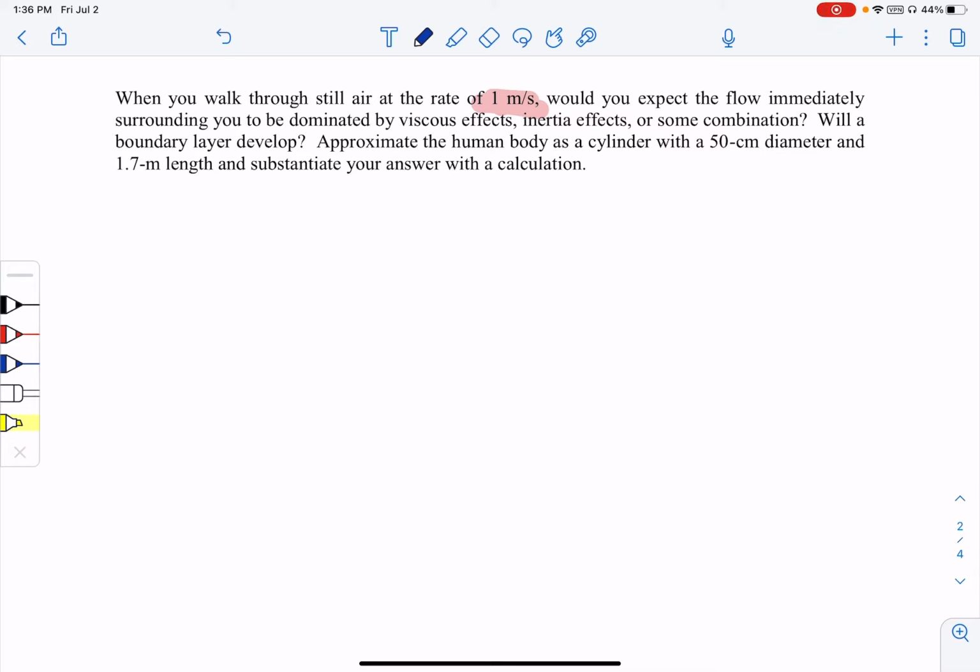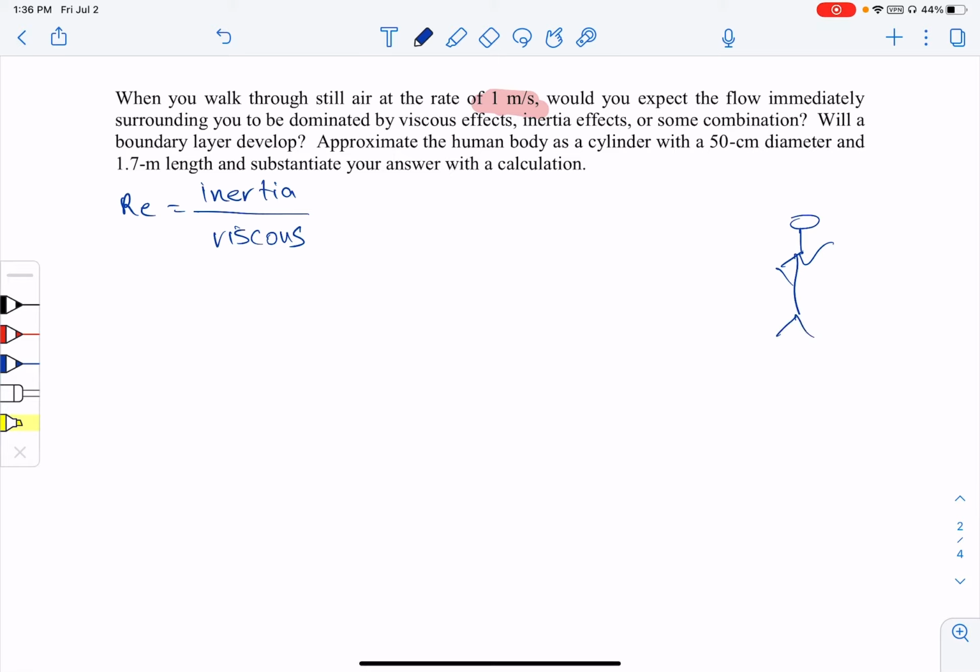Whenever we want to know what is the viscous effect or the inertia effect, we need to calculate the Reynolds number, because it is the inertia effect over the viscous effect. So let's assume that this is the person that we have, right?